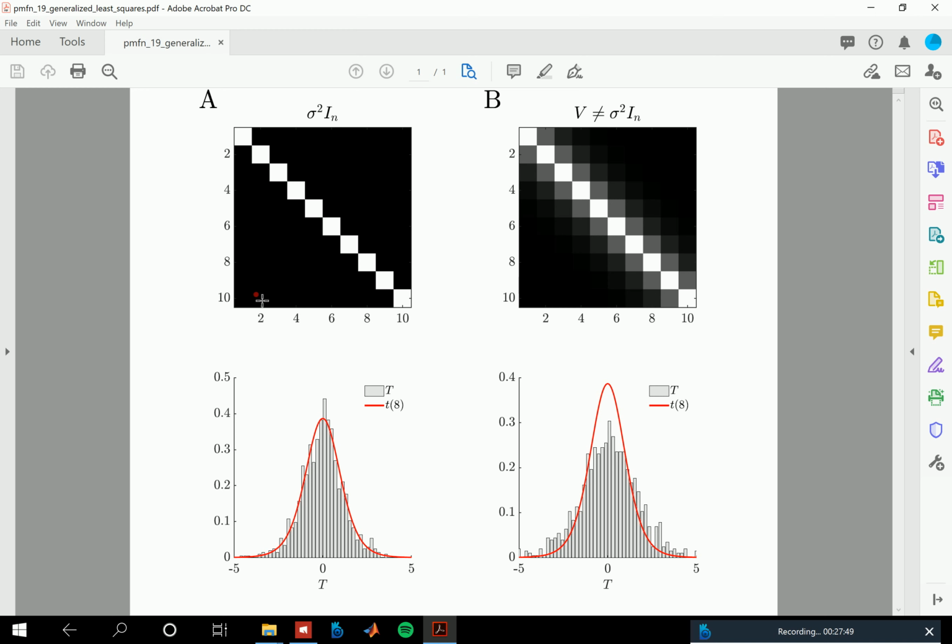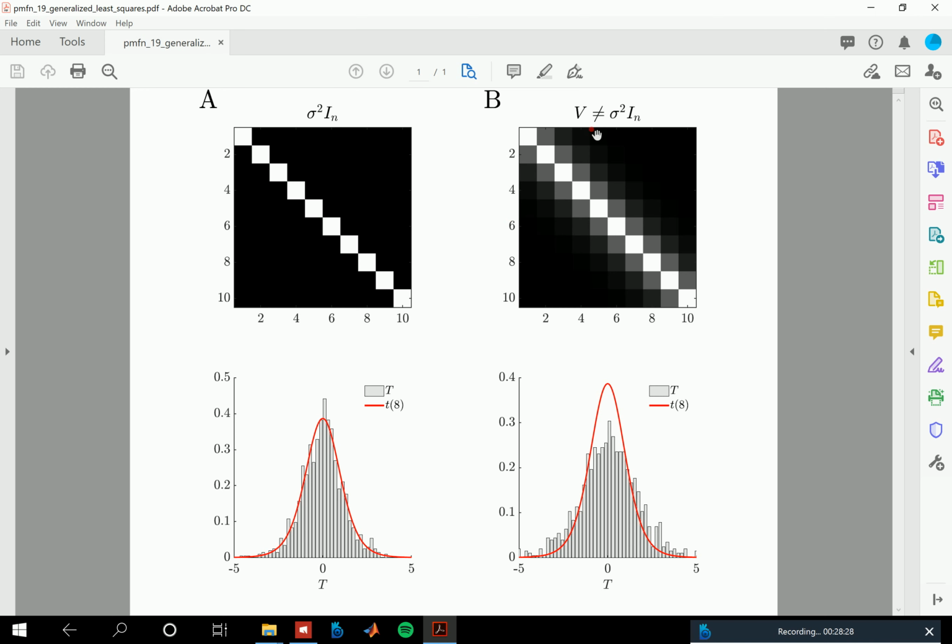I think it's a simple linear regression design. 10 data points, and data was sampled from this GLM, and like we saw last time, the t-distribution was evaluated, and its histogram was evaluated over these repeated hypothetical samples. In this case, these were real samples taken on a computer, of course. Histogram was evaluated and compared to the t-distribution for 8 degrees of freedom, because it's 2 parameters in the simple linear regression design, so n minus 2 is 8 degrees of freedom. And we see that this fits, and so the distributional theory of the GLM holds.